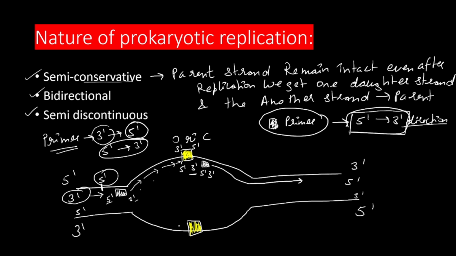In the same way, here also this must be 3 prime to 5 prime, 5 prime, 3 prime, 3 prime, 5 prime. So in this particular case also, here will be a primer which will be 5 prime to 3 prime, and it will continuously synthesize the DNA molecule.